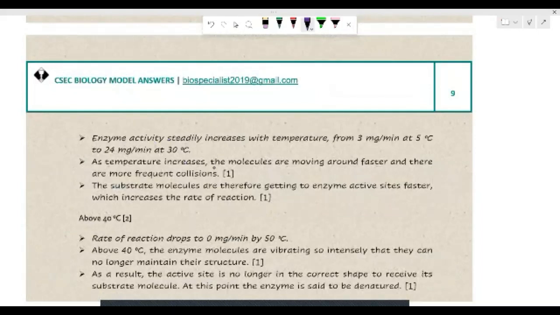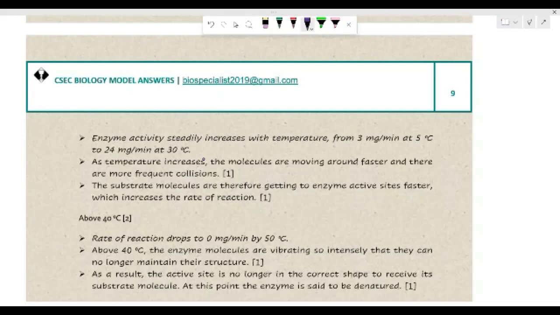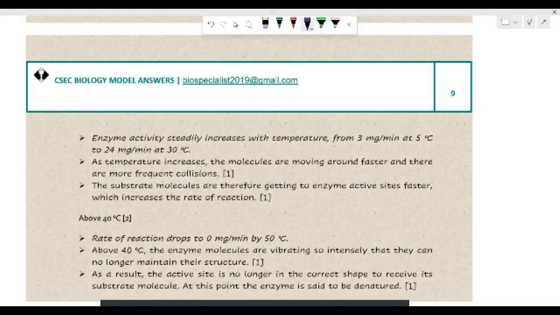And to account for it now, we would give an explanation. So first thing is that between 5 degrees to 30 degrees Celsius, you're starting at a very low temperature, and then you're going up to basically the optimum temperature for the enzyme. So definitely temperature would be your limiting factor here. This would be the factor that is dictating the rate of reaction, right? So that's another little point we can make here.